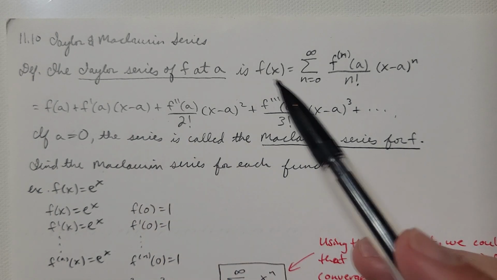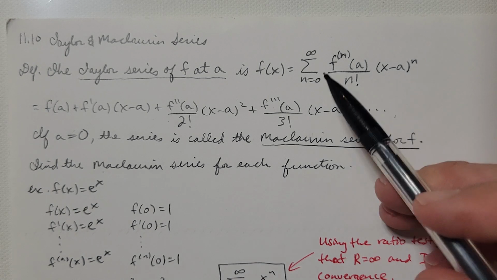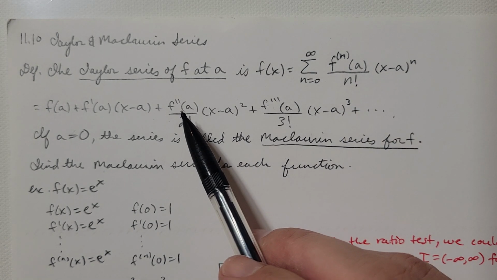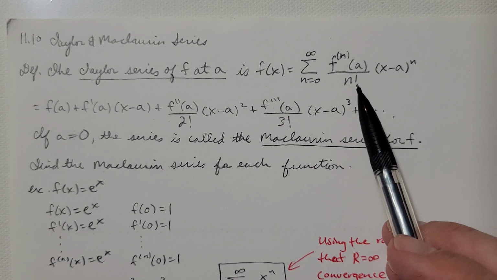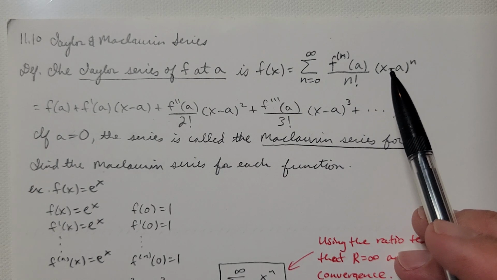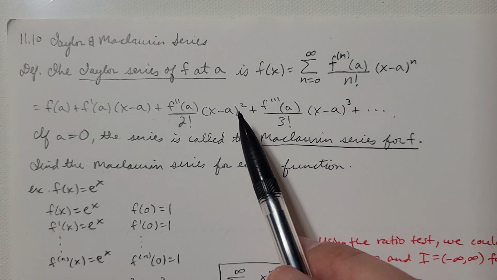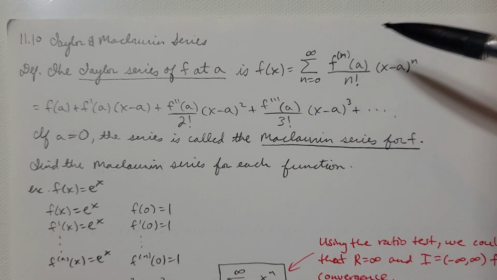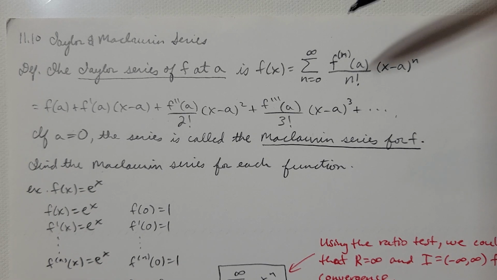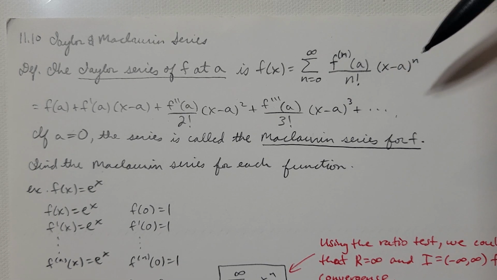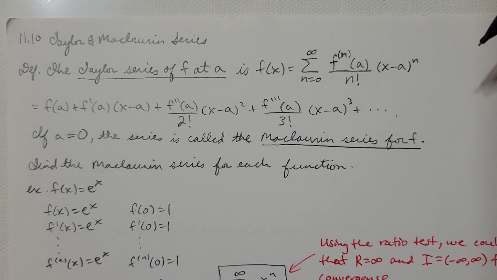Plus when n is 2, we have the second derivative of f at a divided by 2 factorial times x minus a squared. And when n is 3, it's going to be f triple prime of a divided by 3 factorial times x minus a cubed, plus etc.